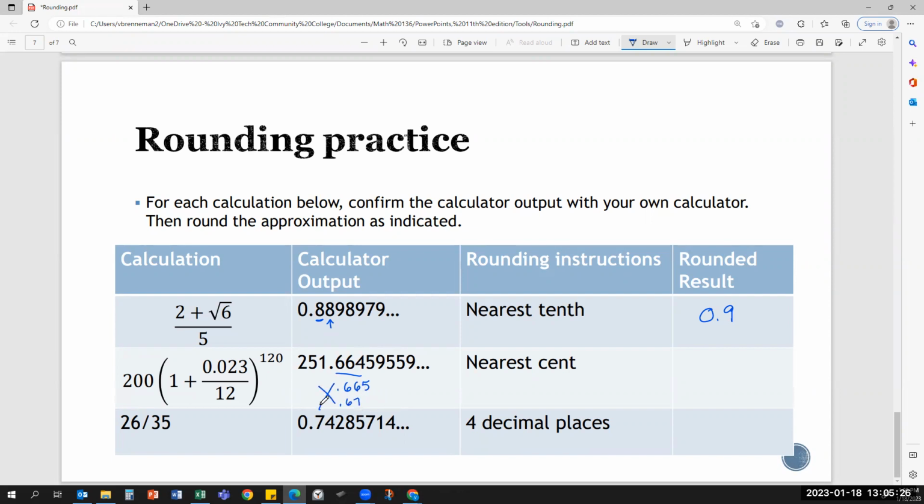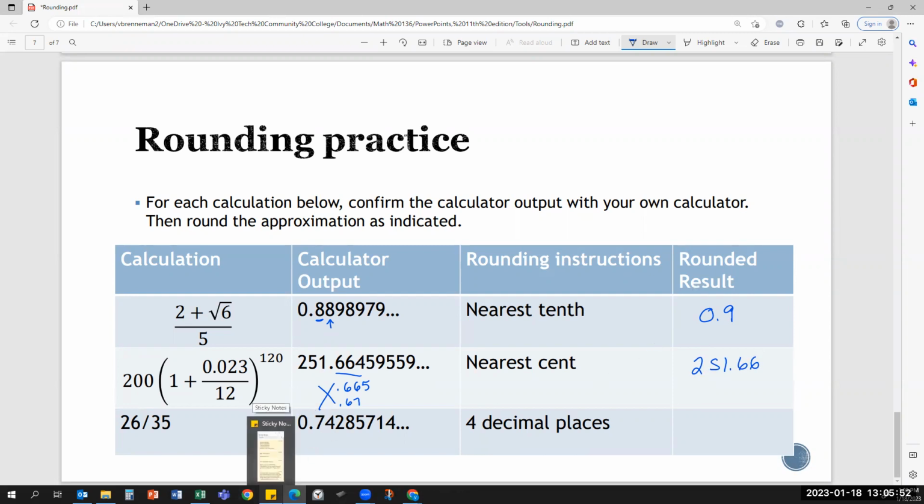If I look at the whole thing, the 0.6645, that's still actually closer to the 0.66 than to the 0.67. So don't round and then round again. Always go back to the original unrounded value to do your rounding. So 251.66. 2 digits for the cents.